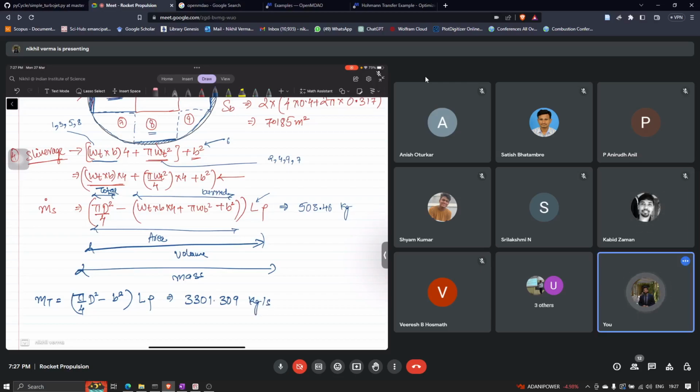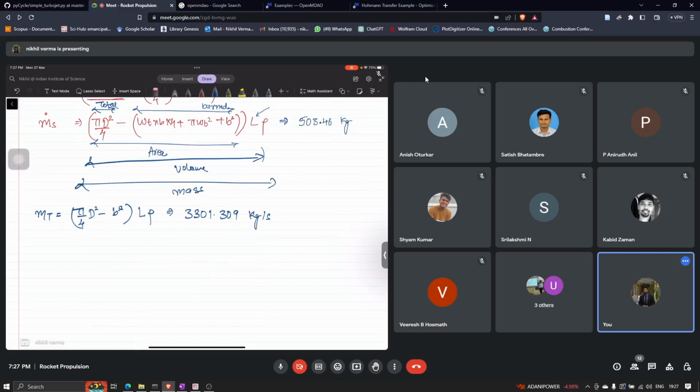So let us calculate what is the percentage leverage. This is kilogram, sorry, it is kgs. So that will be 503. What's the value of small b square, sir?